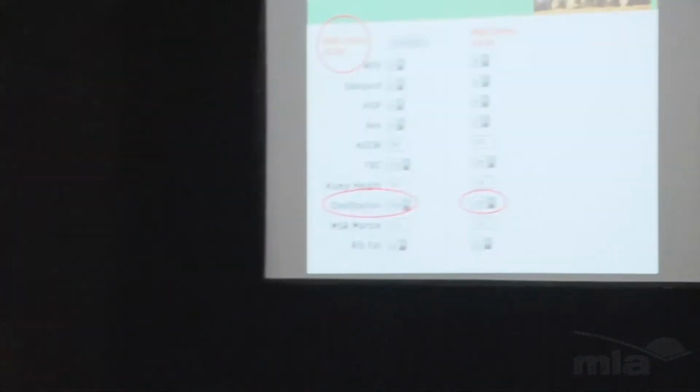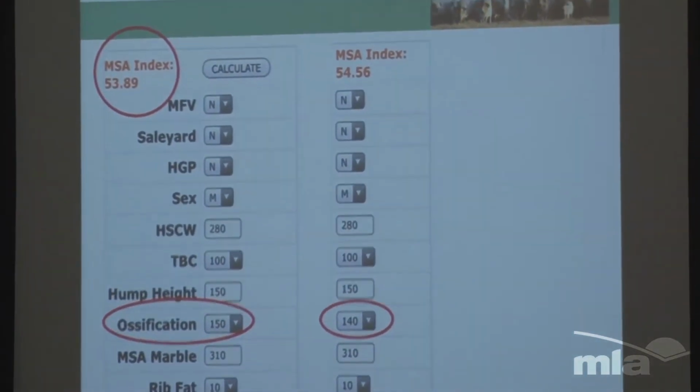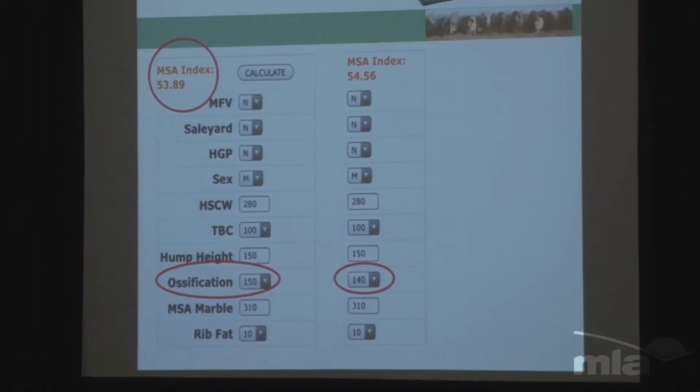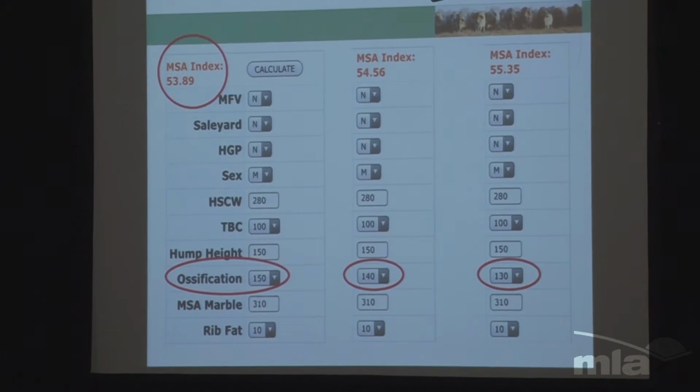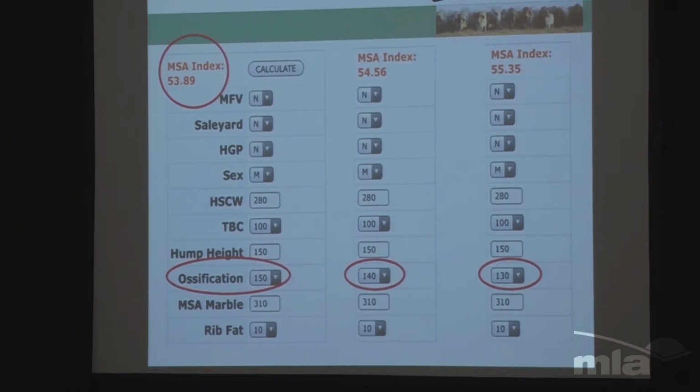Now, if I just reduce my ossification score by 1, have a look how my MSA index moves. We've gone from 53.89 to 54.56. If we reduce it one more score step, we've got 55.35. So we've just gone from an animal that was in the bottom 25% to an animal that is in the 50 percentile.